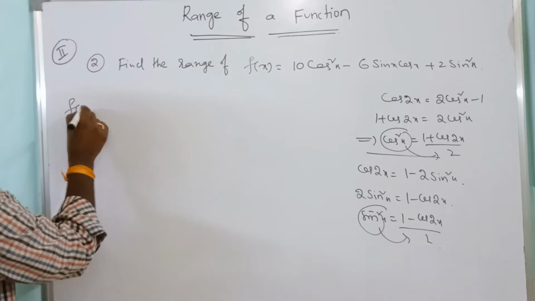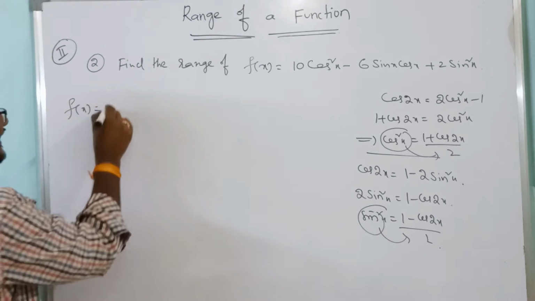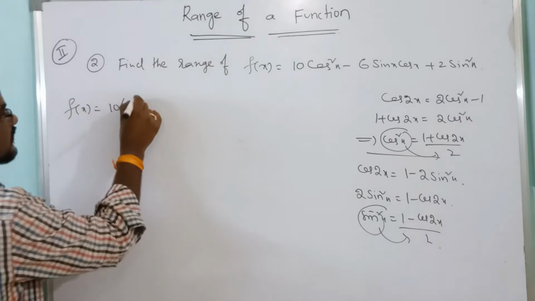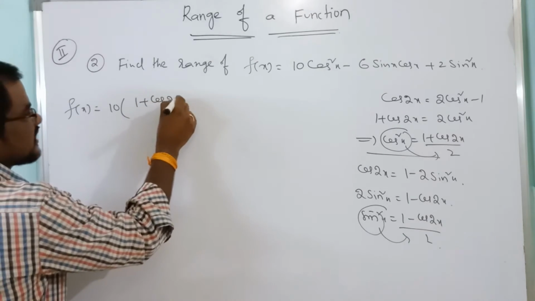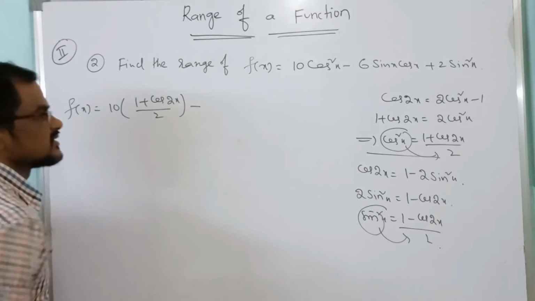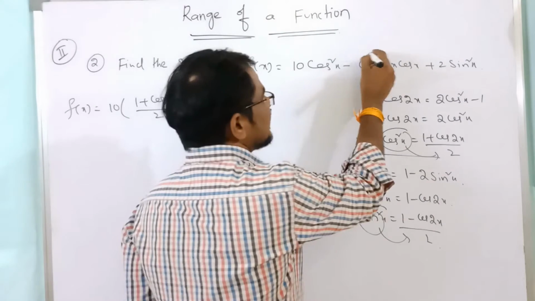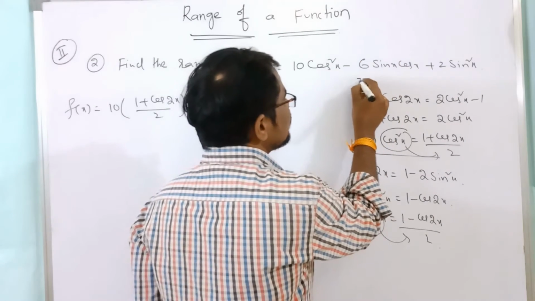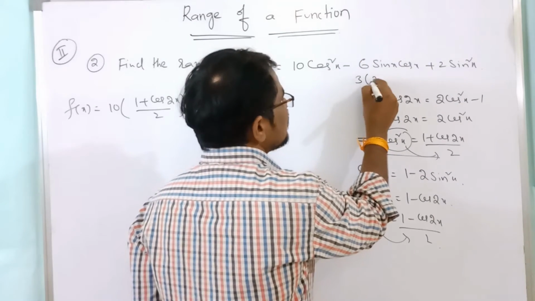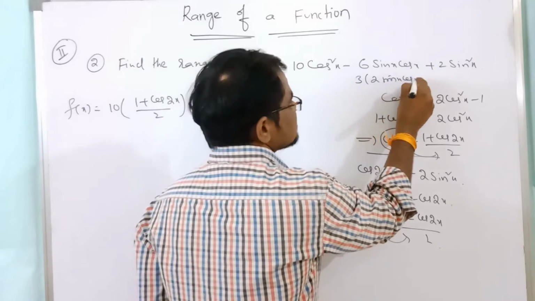Now f of x equal to 10 into (1 plus cos 2x) by 2 minus, now this one you can write as 3 into 2 sin x cos x.